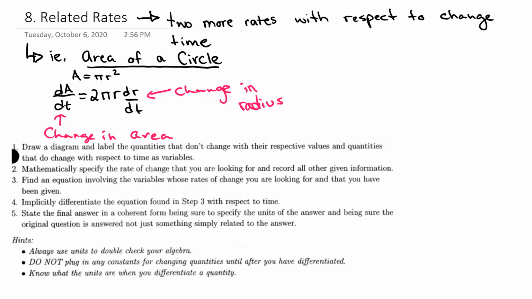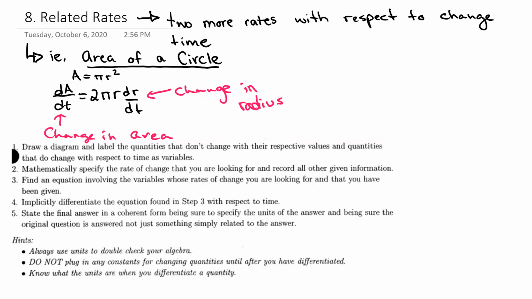Take a moment and write the steps down that we've got here. We're always going to start by drawing ourselves a diagram and identifying our values and variables. Then we're going to specify what we're looking for with the given information, and we're going to figure out an equation that relates the variables we have and the rates of change we're interested in.